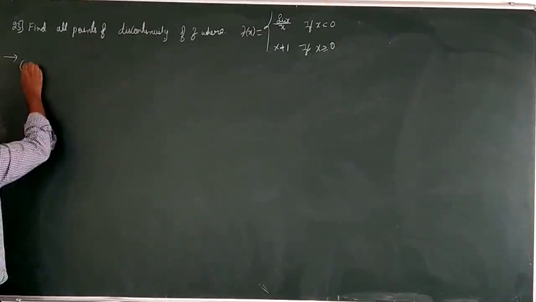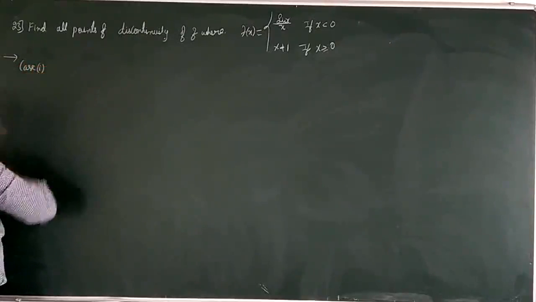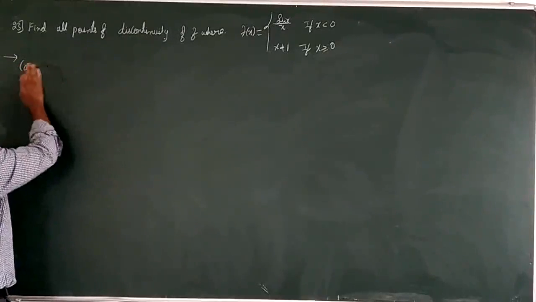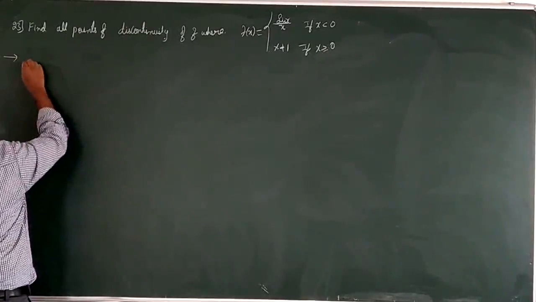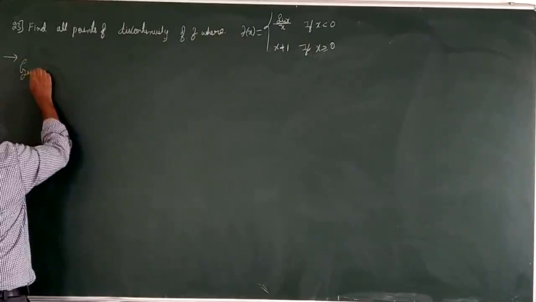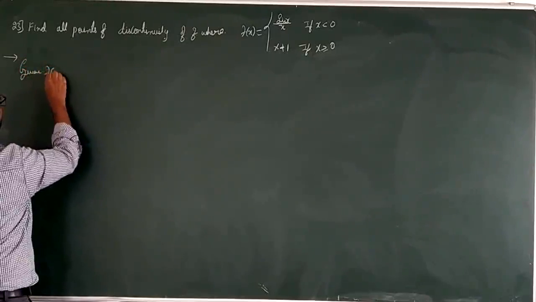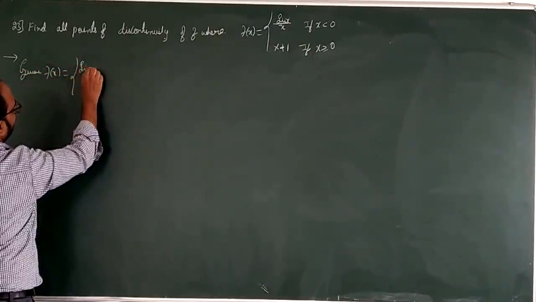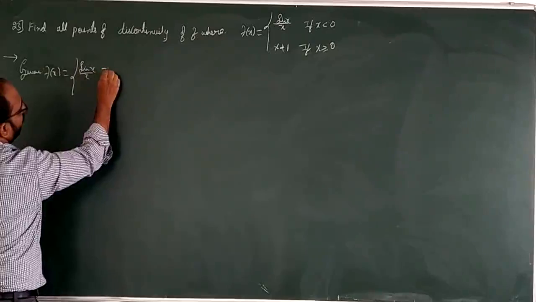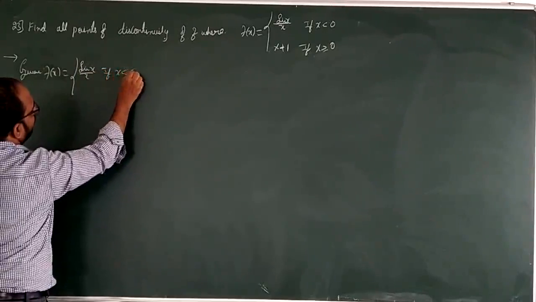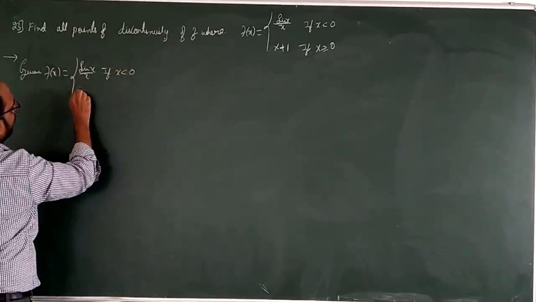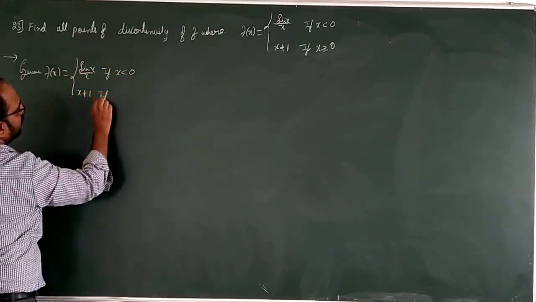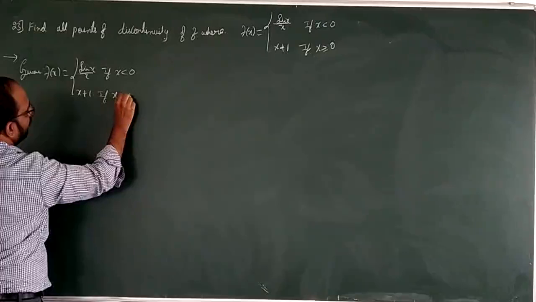Case 1. Or rather, before this, given: f of x is equal to sin x divided by x if x is less than 0, x plus 1 if x is greater than or equal to 0.